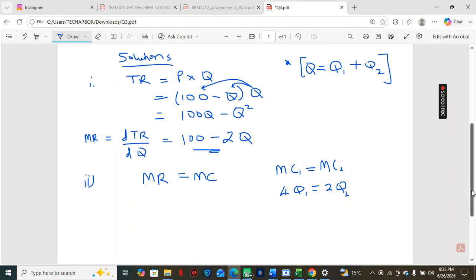So we need to simplify this expression. We can divide both sides by 2.